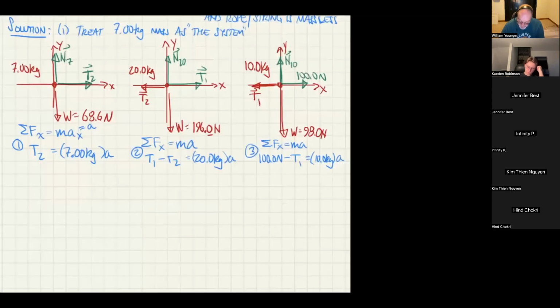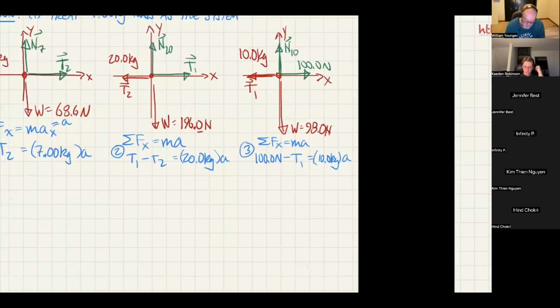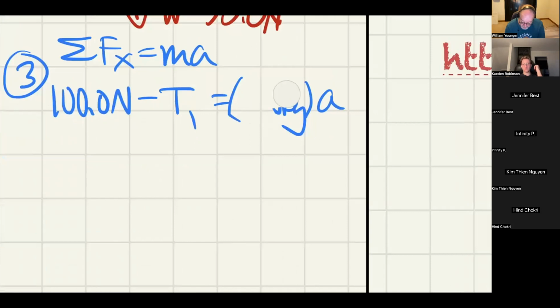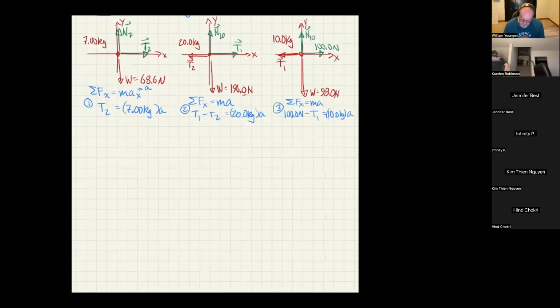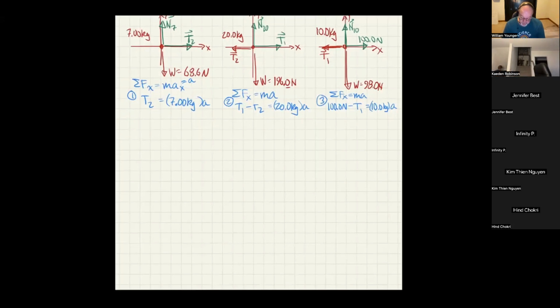It looks like I didn't write that very big, so I'm going to make that a little bigger. So there's 3 of our equations.